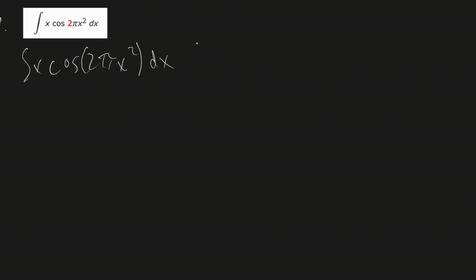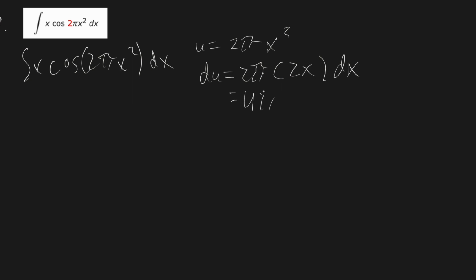We can let u be equal to the argument of this cosine, which is 2 pi x squared, meaning that du is going to be 2 pi times 2x. The 2 pi stays, since when integrating, constants remain the same. And remember, pi is simply a constant. So this is equal to 4 pi x dx.